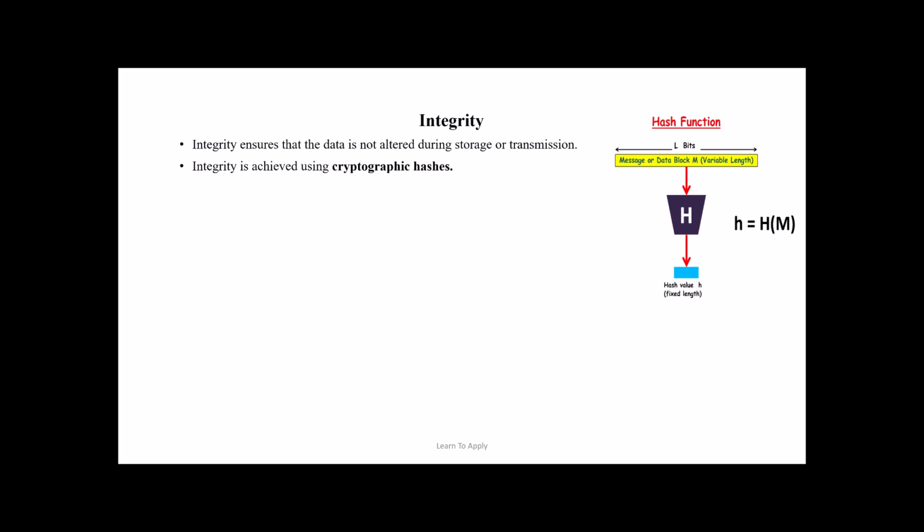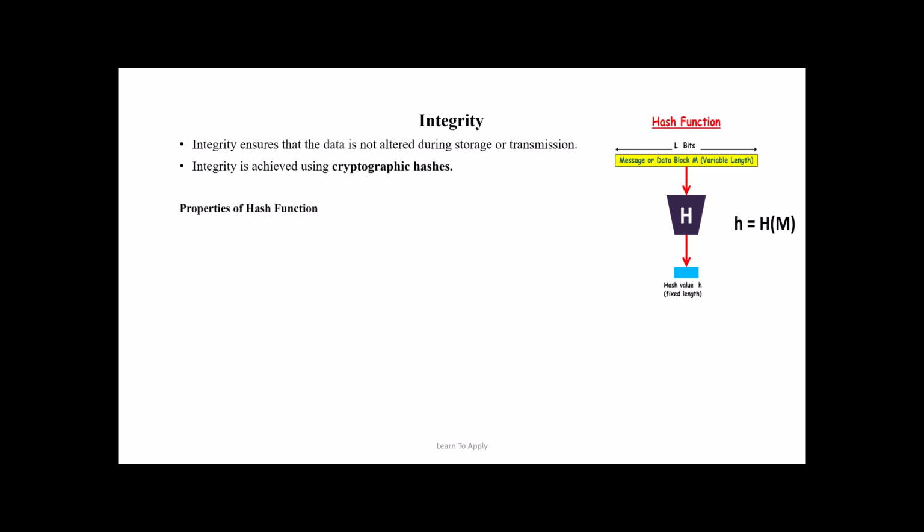So we will have a broad overview of what cryptographic hash functions are and what their properties are. If you look at a diagram, it's a mathematical function that takes a variable size input and produces a fixed size value called the hash value.